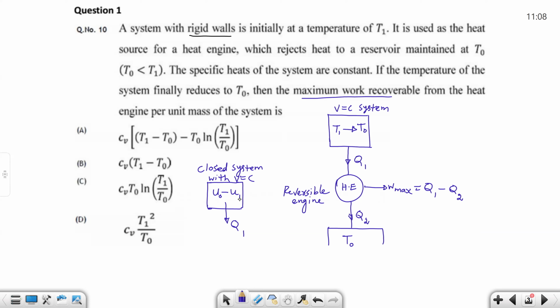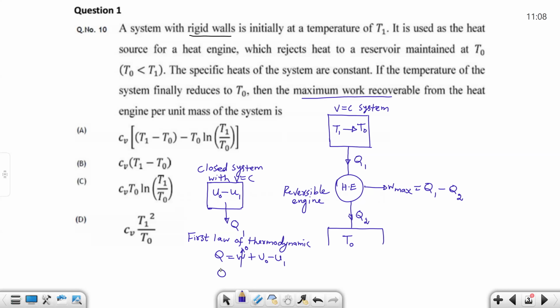So applying the first law of thermodynamics, Q is equal to work plus change in internal energy. Work will be 0.